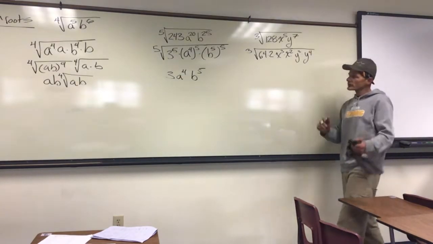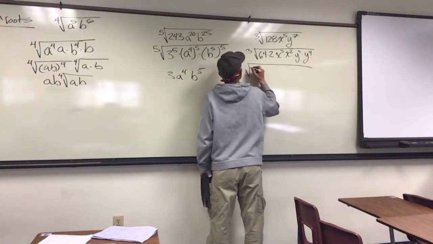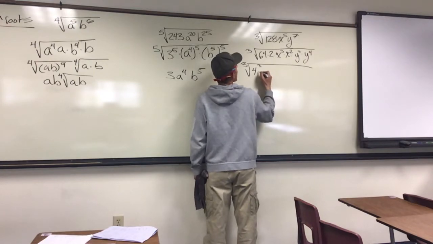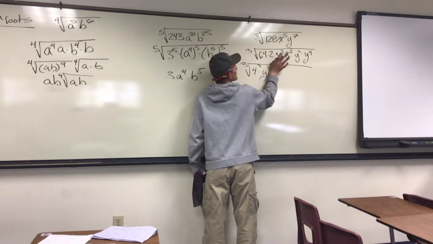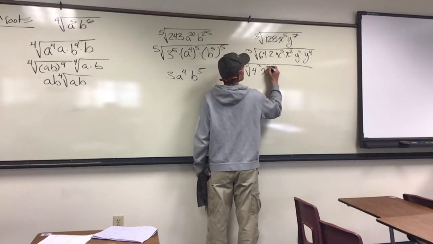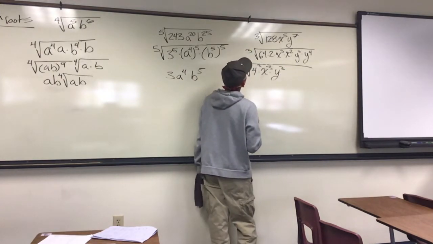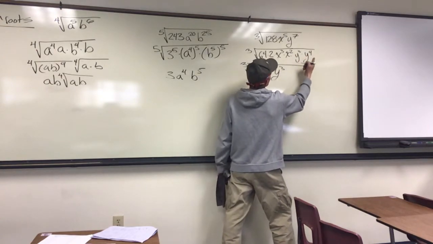Now we'll rewrite things a little bit here. This is the cube root of 4 cubed times, oops, I'm going to do the x there, I like to write my variables in alphabetical order, x cubed times y cubed. And what do we have left over that we haven't used yet? We have a 2, an x squared, and a y.